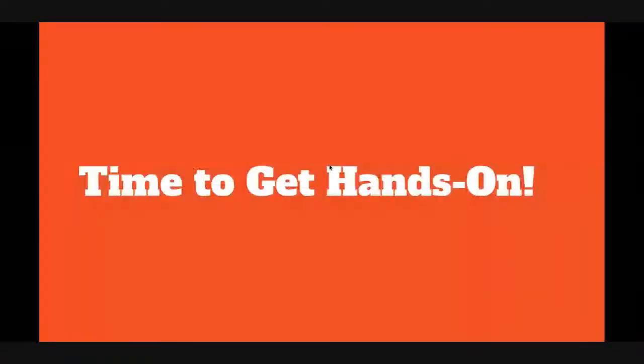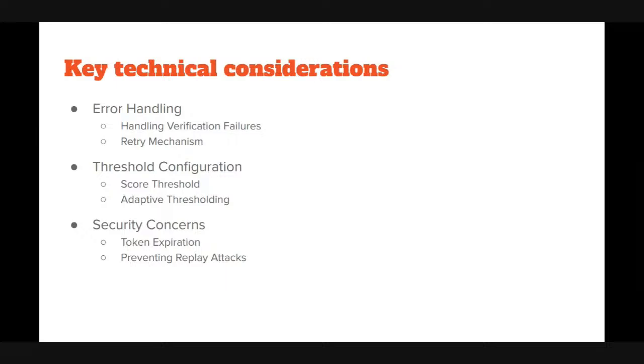I'm gonna share this slide again. Okay, so now we're gonna talk about a few technical considerations when implementing captchas, a few tips and a few things we need to ensure to handle.